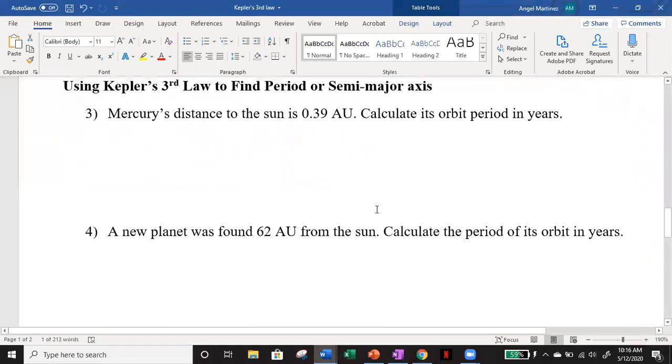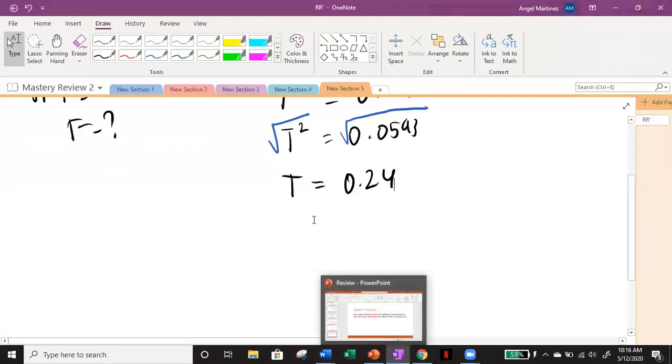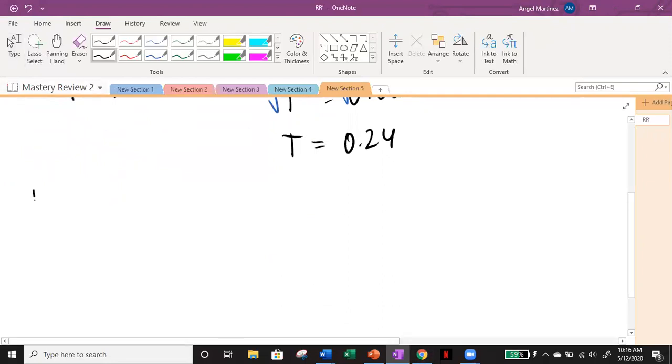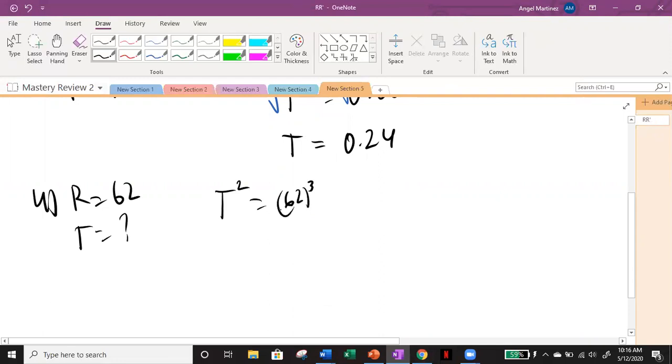Okay, but now let's do another problem. Let's say with a new planet, and it's 0.62 AU from the sun, calculate the period. This is very similar. So for number 4, R is 0.62, T we don't know. So we do the same thing. T squared equals 0.62 to the power of 3. T squared equals 0.238328.